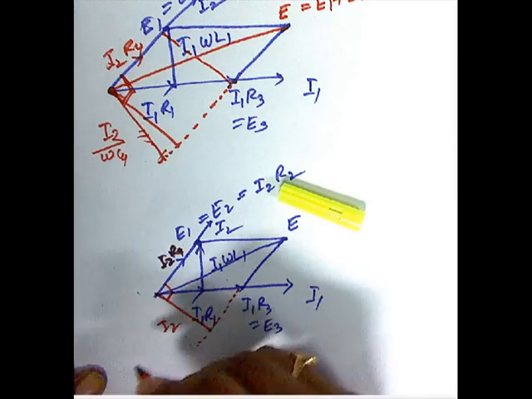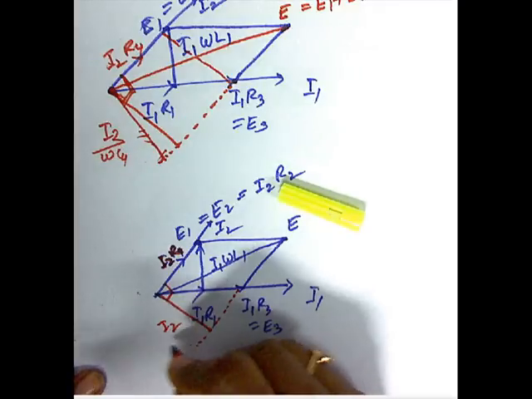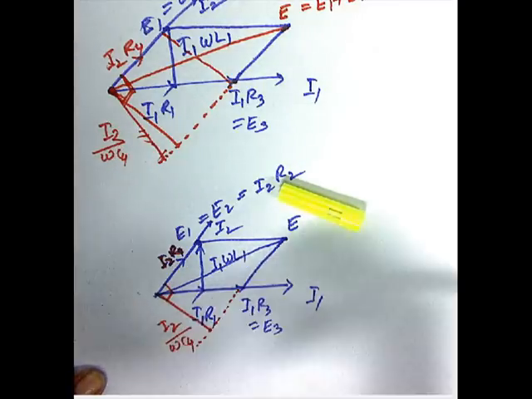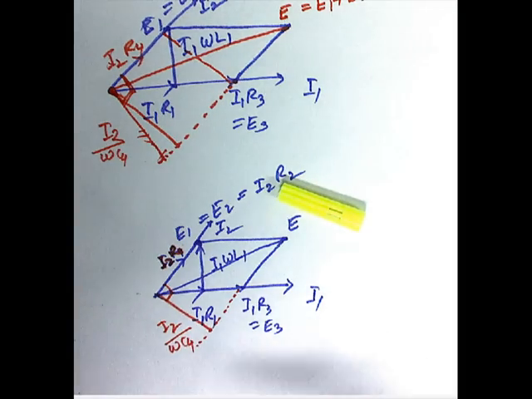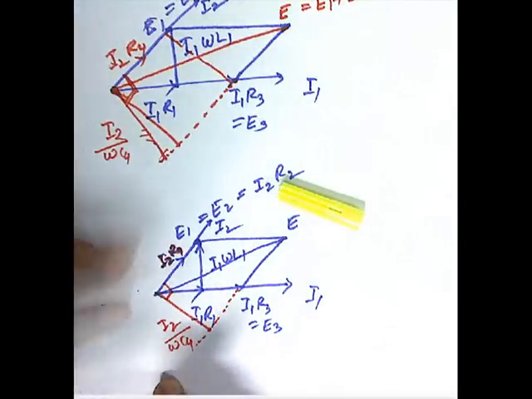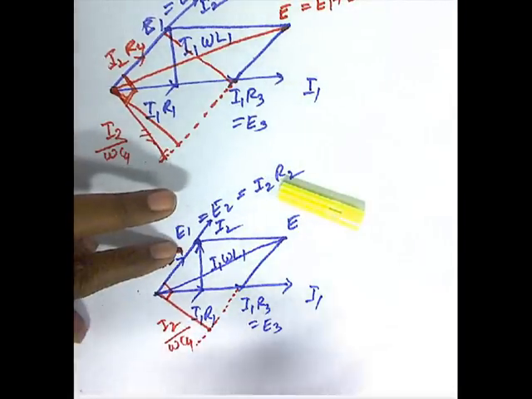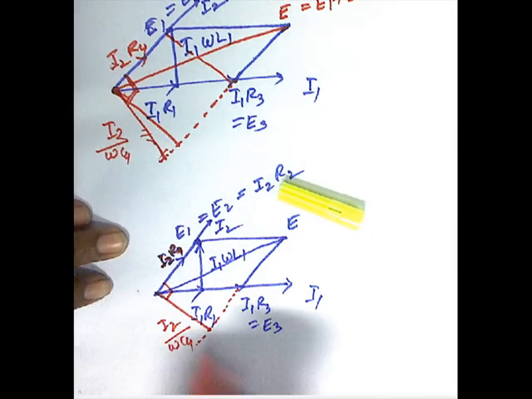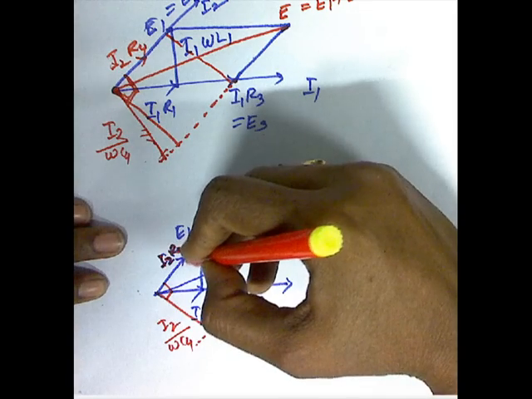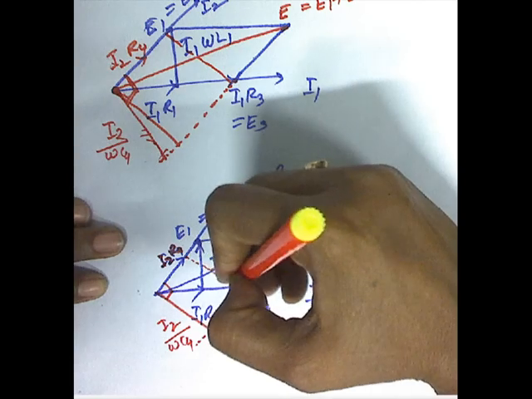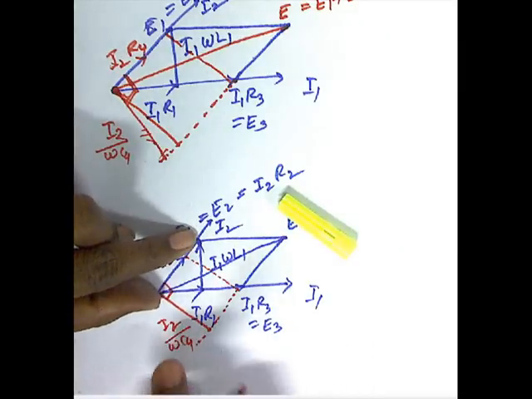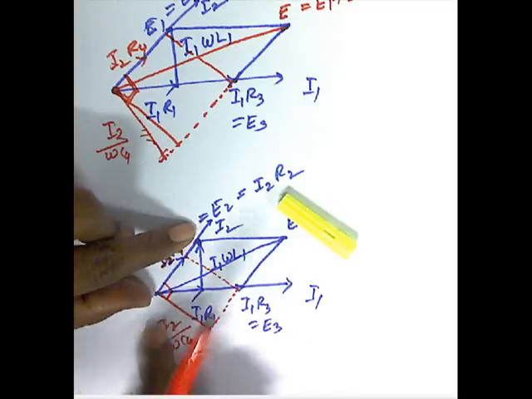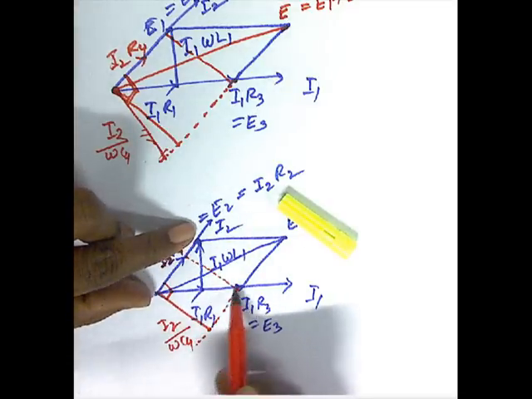This is I2 by omega C4, the drop across the capacitor. The drop across the capacitor plus I2 R4 must be equal to E3. So I2 R4 plus I2 XC4, that is the drop across the capacitor, must be equal to E3.